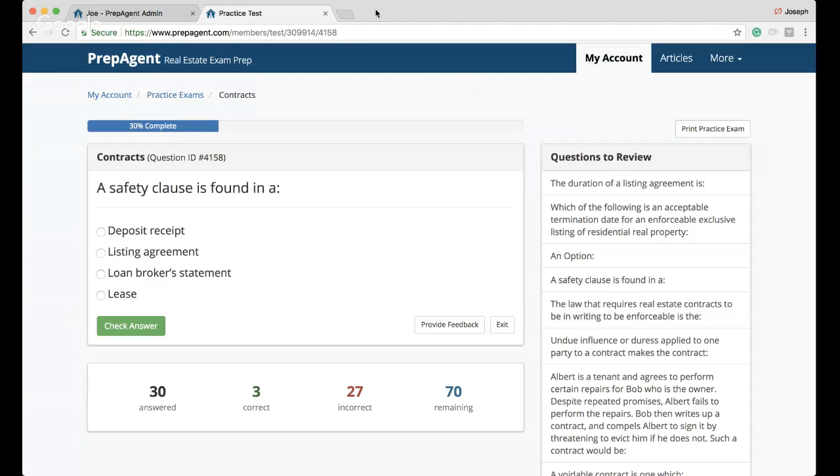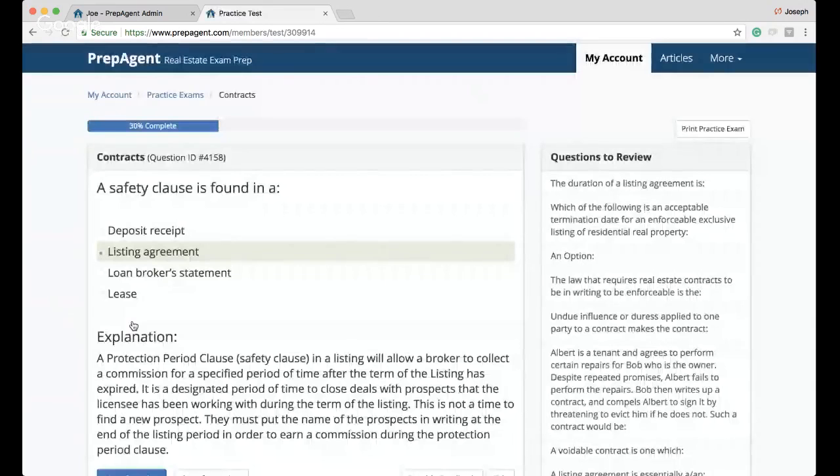I do hope you guys get this right because we went over this concept before. I'm hoping you guys wrote listing agreement, okay? And just to review what a safety clause is, it's a period of time after the listing terminates where you could close deals with buyers you were working with during the term of the listing.